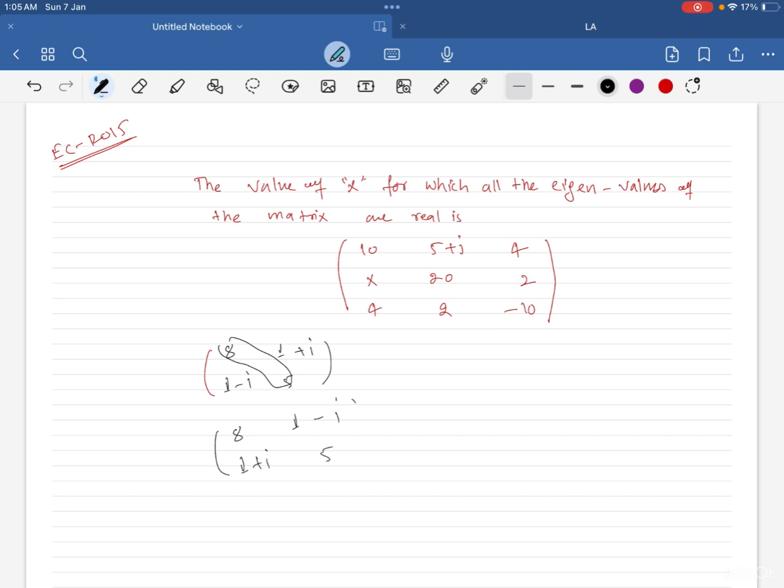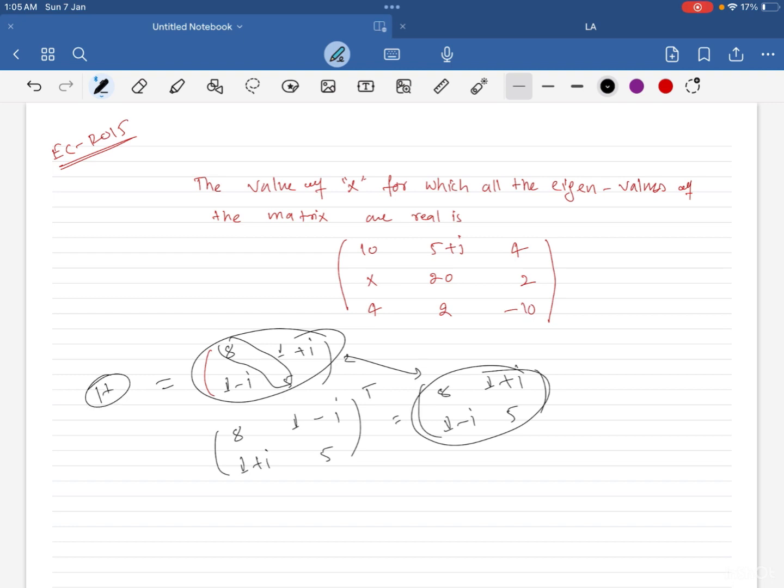So I am taking the conjugate, and now after taking the conjugate, take the transpose, that would be 8, 1 plus i and here 1 minus i and 5. So these two are equal, then we can say that this matrix is the Hermitian matrix, right?